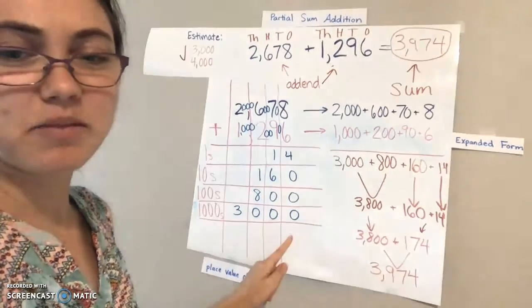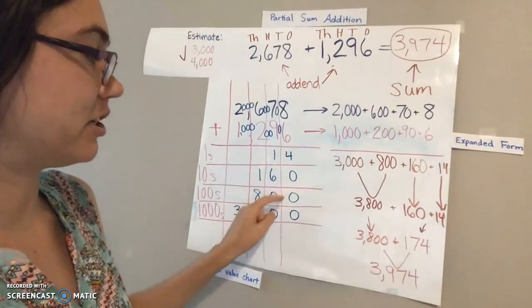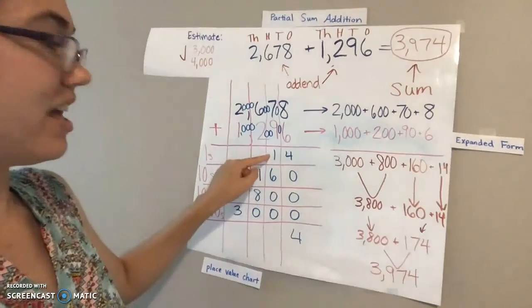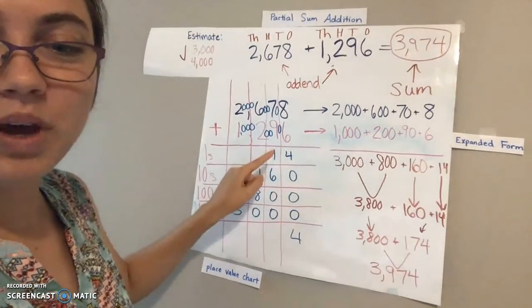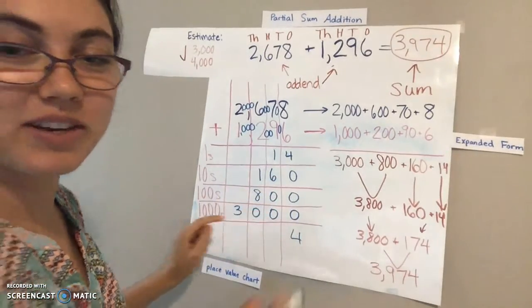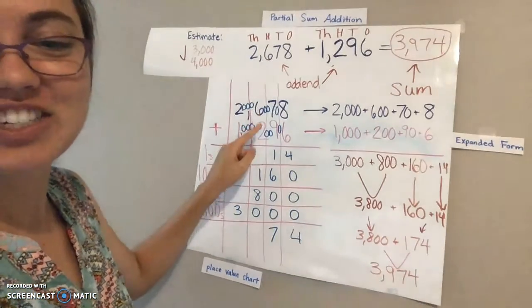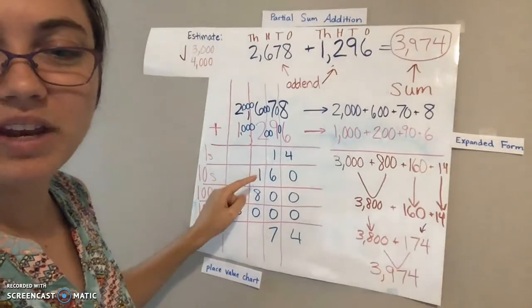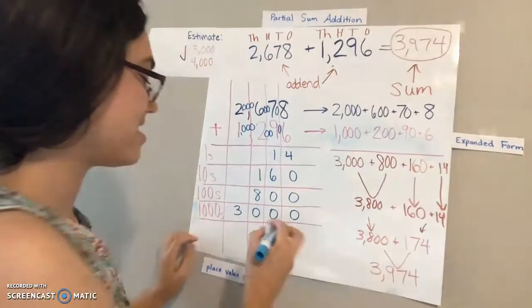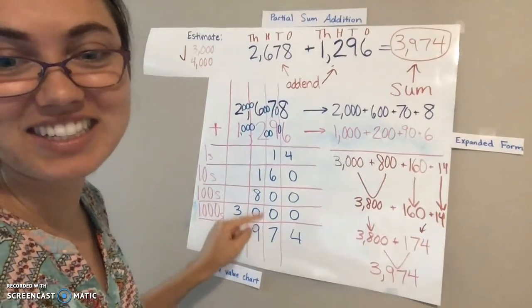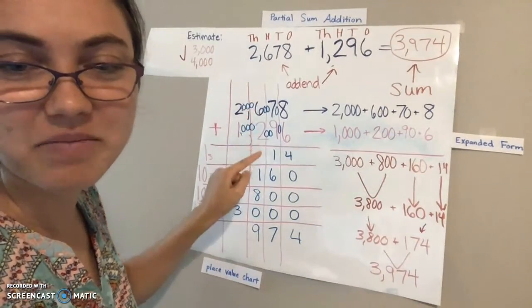So in the ones column, we have 4 plus 0 plus 0 plus 0 is 4. Let's move to the tens column. 1 plus 6 plus 0 plus 0 is 7. Let's move to the hundreds column. 1 plus 8 is 9, which of course really means 9 hundreds since it's up here in the hundreds column.